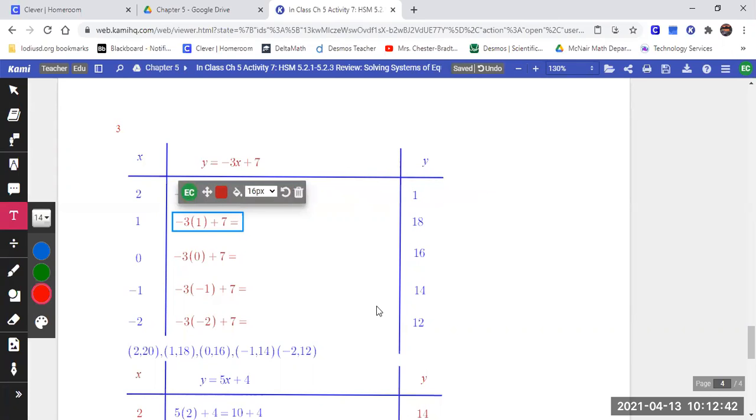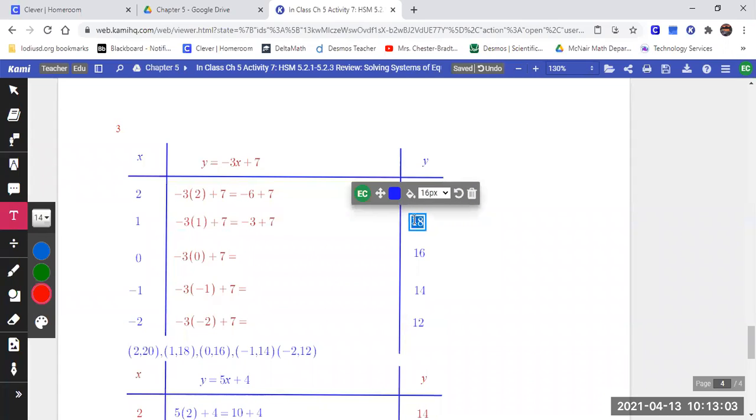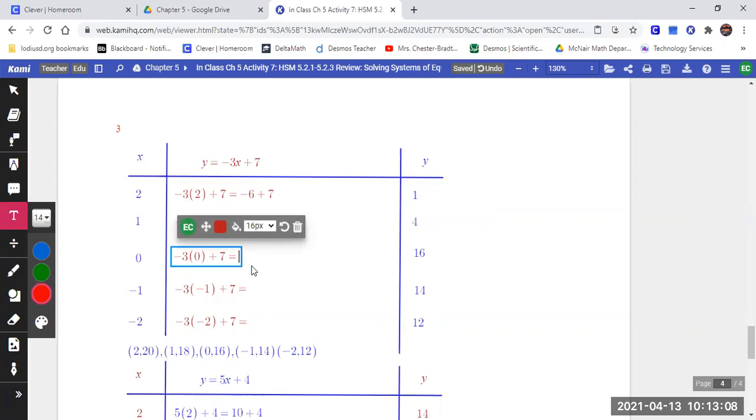Do the next one. What's the math going to say? 3 times negative 1. -3 plus 7. Not the same sign, so what would we get? Subtract and keep the sign of the bigger one. Yep. Okay, next one.